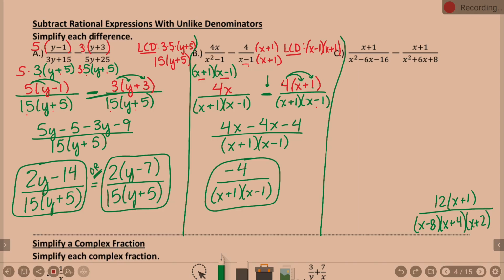It's 12 times x plus 1, or 12x plus 12, over x minus 8 times x plus 4 times x plus 2. So if you get motivated, you want to try that. There's the answer. It's not different than anything else we've been doing. Okay? The process is the same. It reminds me of C from the front side, where we had to have 3 factors in the denominator. Okay?